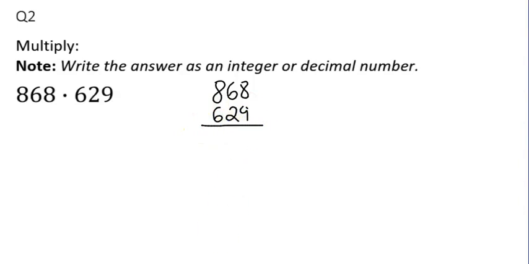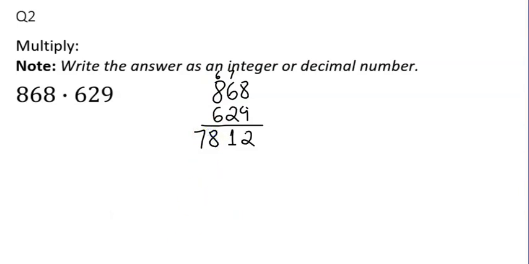Okay, so here I have 8 times 9, 72. Carry 7. 6 times 9, 54, plus 7, 61. Goes 6. 8 times 9, 72, plus 6, 78.